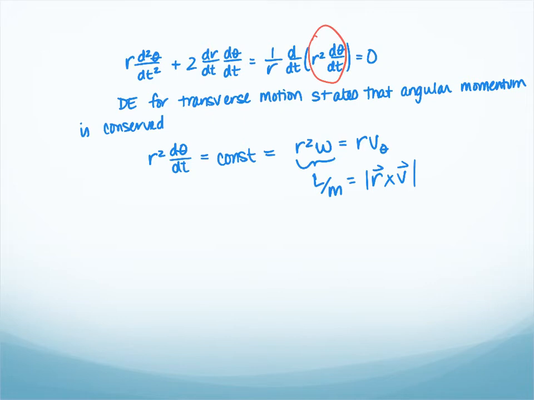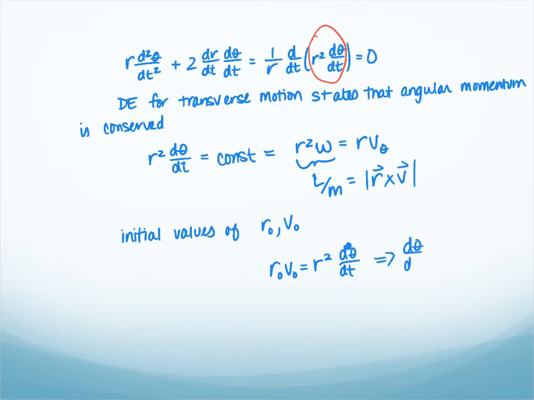And so we had initial values of r naught and v naught. So we can say that r naught v naught is equal to r squared d theta dt. And so we can rewrite d theta dt as r naught v naught over r squared. So what we're trying to do is simplify some stuff.